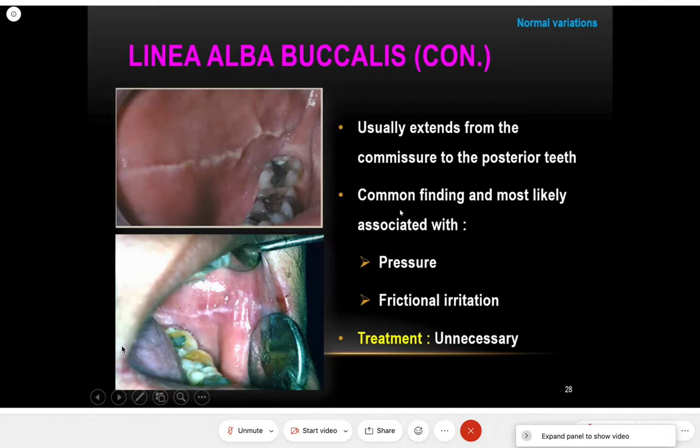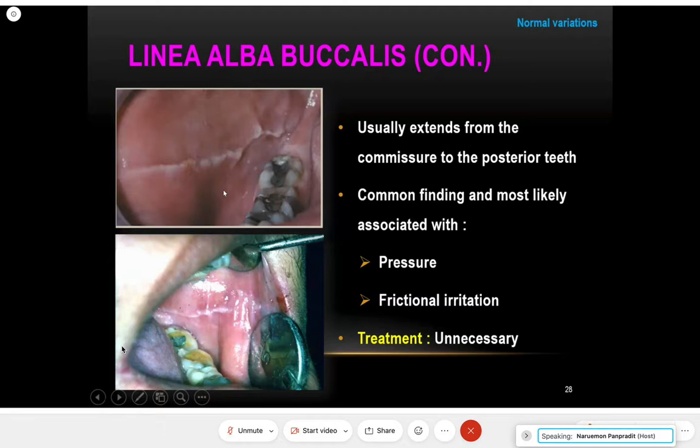And because it's along the occlusal plane, that means the cause related to this line comes from the pressure of the buccal mucosa against the occlusal plane and frictional irritation. So when a patient has a history of nighttime grinding habits, a night grinding habit may show a more prominent line than other patients.